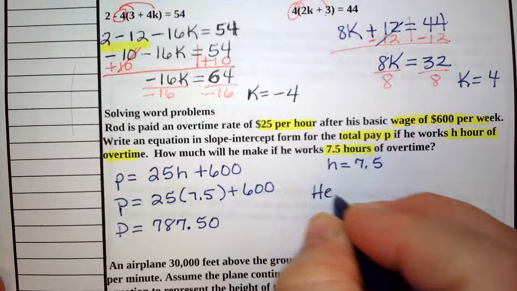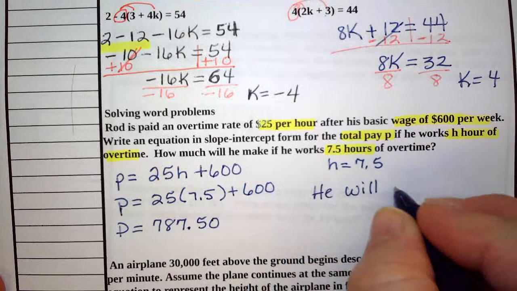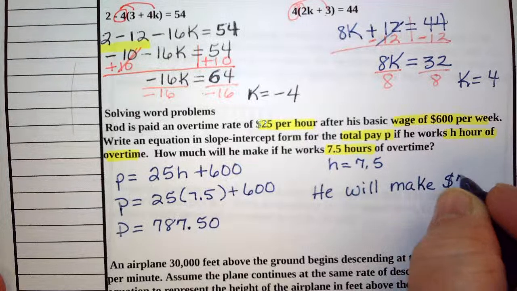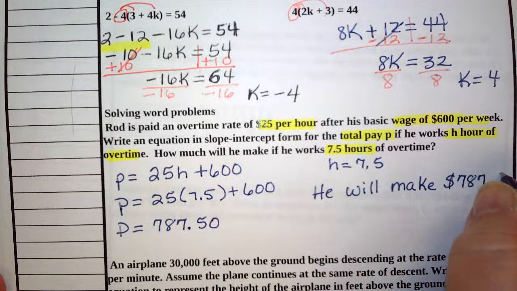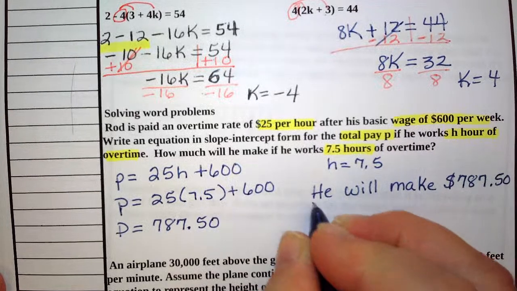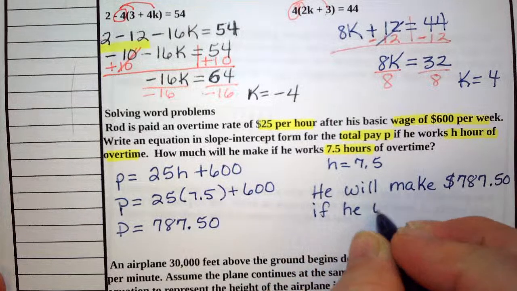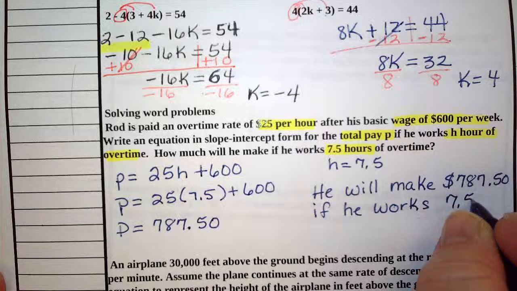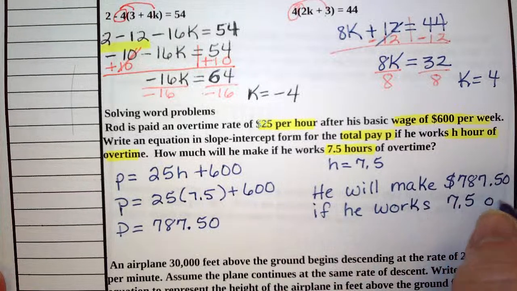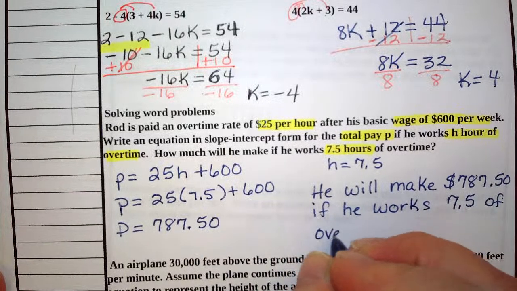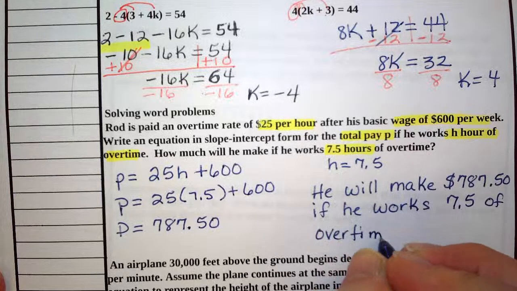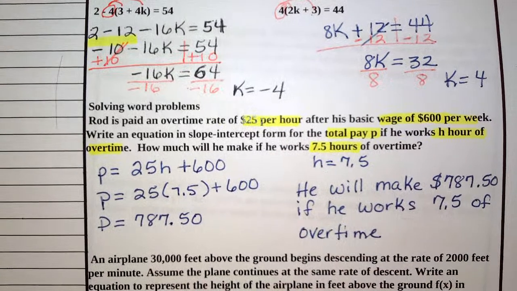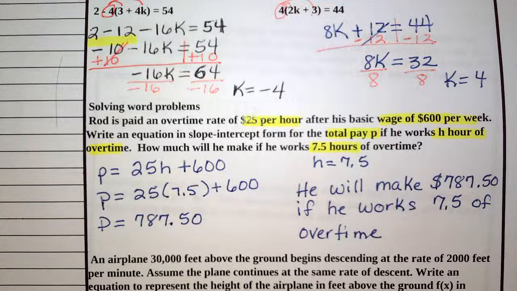He will make $787.50 if he works 7.5 hours of overtime. So remember, your word problems require a sentence as an answer.